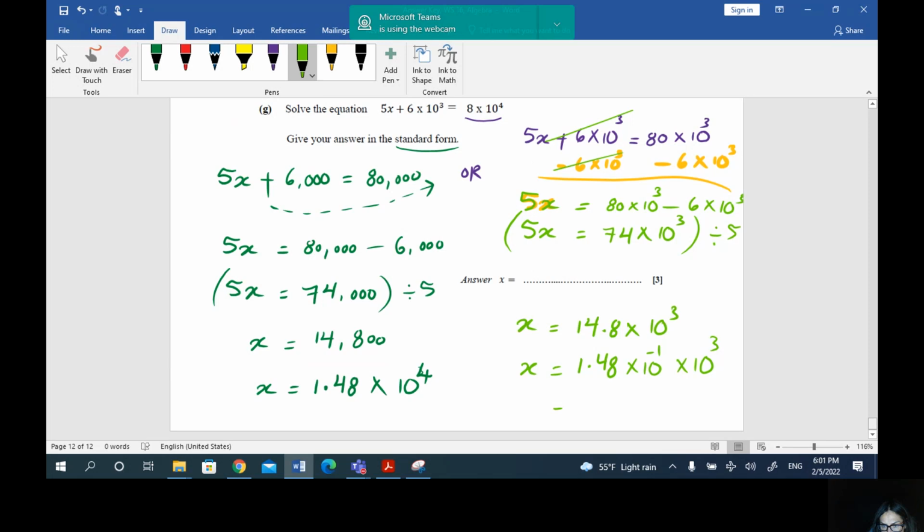So it will be 1.48 times 10 to the power of 2.